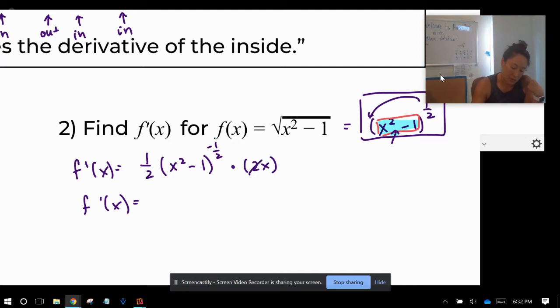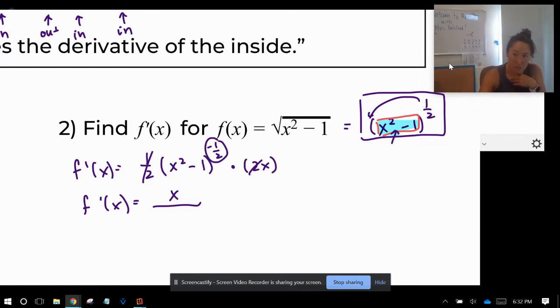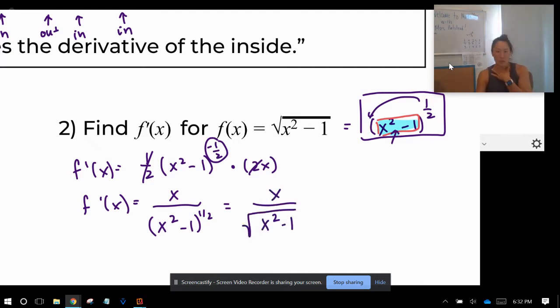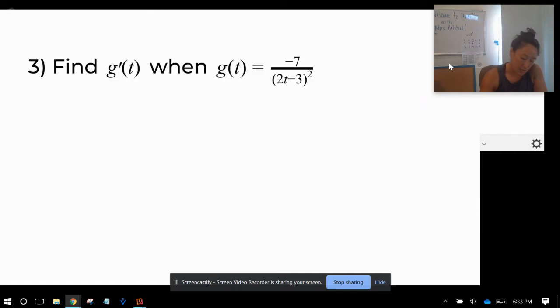I see the 2's cancel, the 2 and the 1/2 cancel. I get x over, I'm going to take care of my negative 1/2 here, (x squared minus 1) to the 1/2, or x over the square root of x squared minus 1. Okay, either is good. Let's go ahead and tackle the next one.